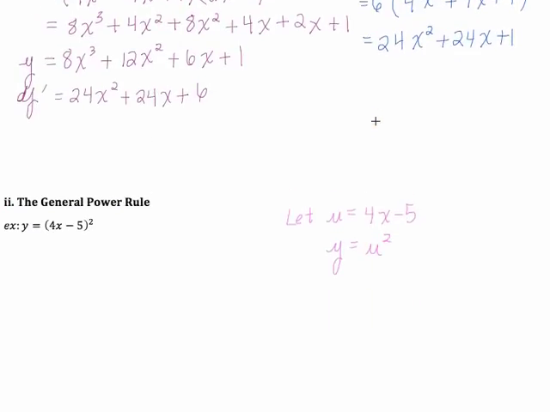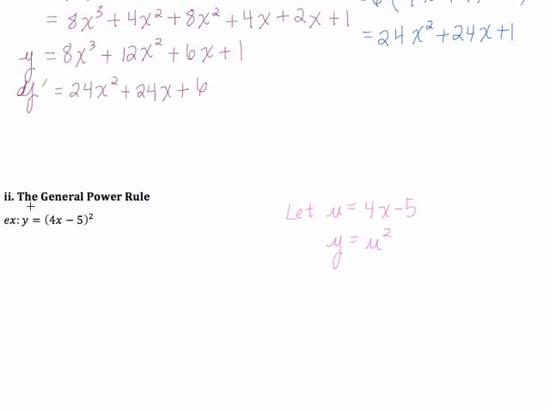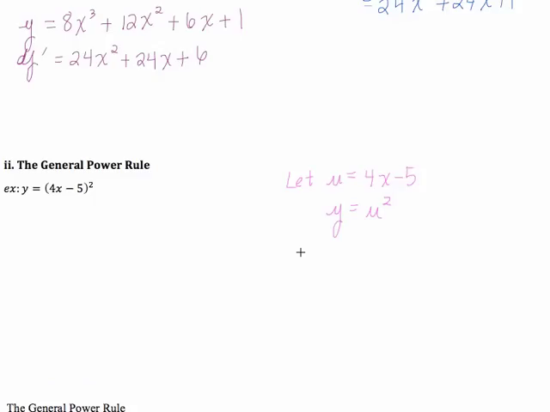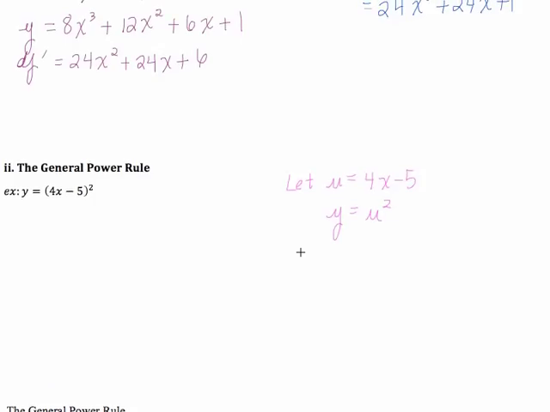So if you want to do it that way, all you have to do is define u to be the inside function. But the same thing happens every time we do this. So let's do this the u way first, and then we'll look for the pattern, so that we don't have to always bring in a u and write it out. By the chain rule, we need to find du/dx and dy/du. du/dx, the derivative of this, is 4, and dy/du looks like 2u.